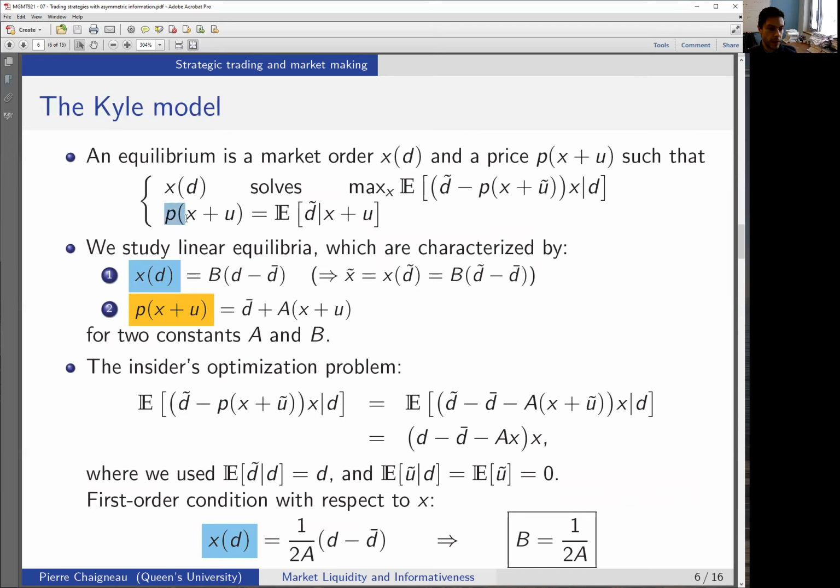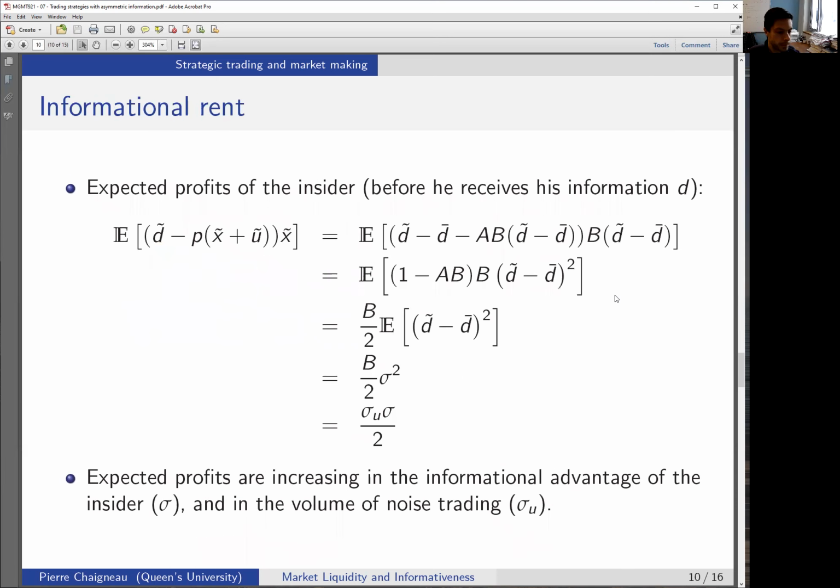And so the market price will simply be equal to the expectation of D conditional on D, which will be equal to D. Okay. So then the insider will always make 0 profit, because here this will be equal to D, and the market price will also be equal to D. Okay, so the profits will always be equal to 0.